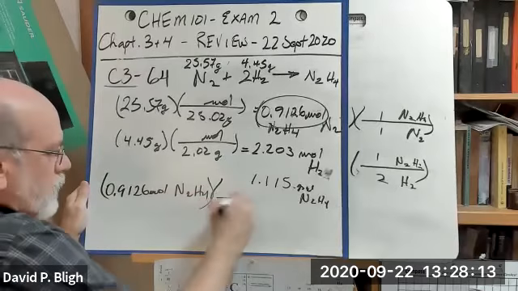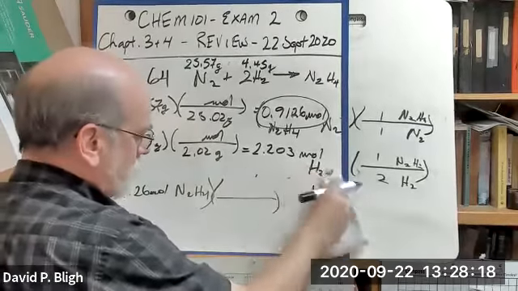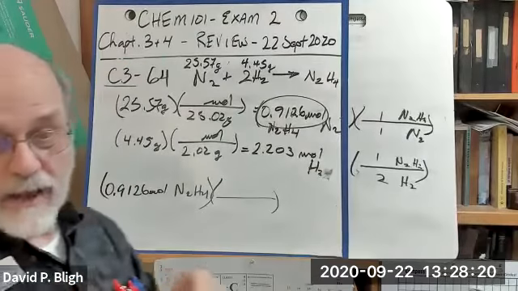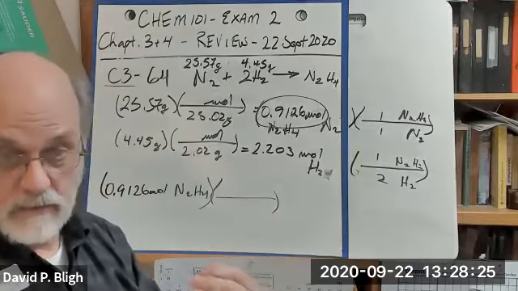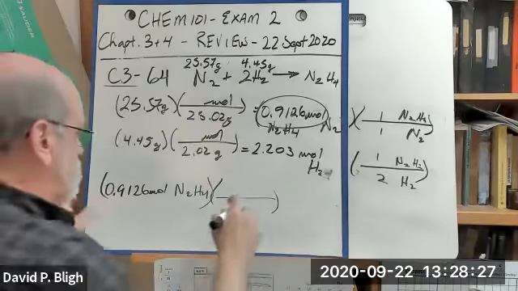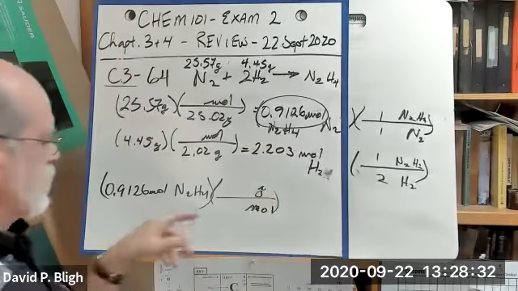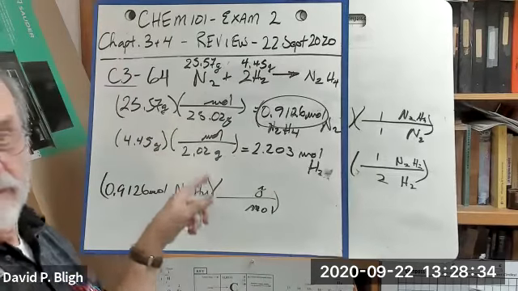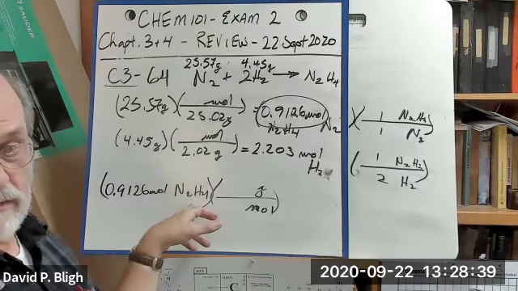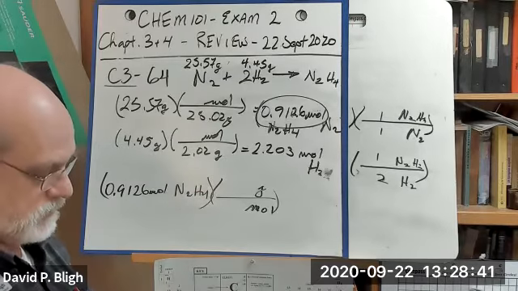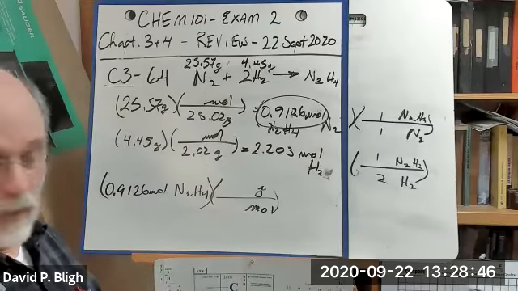And this has to be converted to grams in order to find out what's the theoretical mass of hydrazine. So we've got to cancel moles and leave grams. So what's the molar mass of hydrazine? Well, 2 times 14.01 is 28.02, and 4 hydrogens is 4.04.